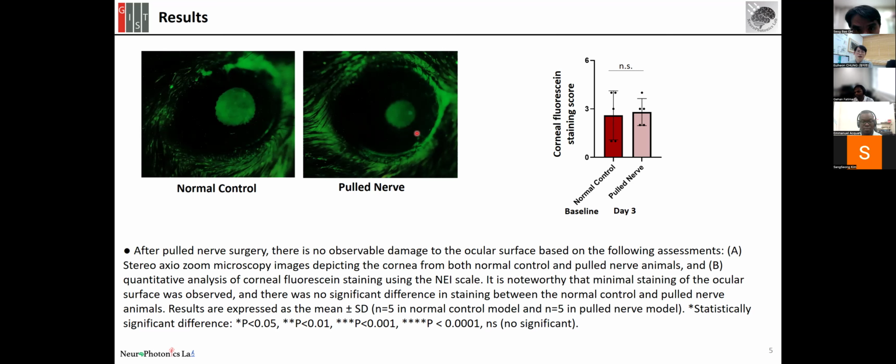Okay. Professor O, do you have any comments or questions? Professor Zhang mentioned it is from Taiwan YFP mice, right? Yes, Professor. Meaning that this is the nerve fiber, right? Is expression only there, or also in other tissues in the cornea?